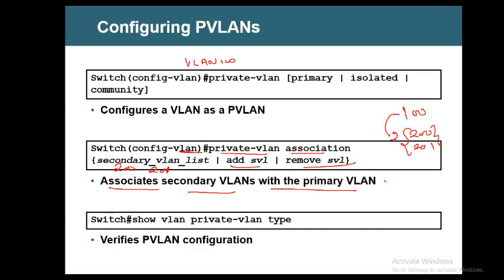After which you can verify this by typing show VLAN private-VLAN. That will show what you have configured. You have configured 100 as primary and then 200 as isolate secondary, 201 as community secondary. All right, is there any question on this page?